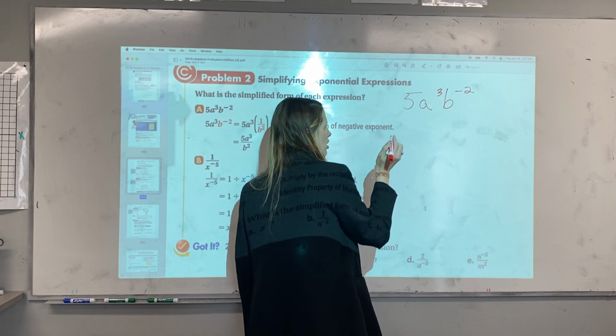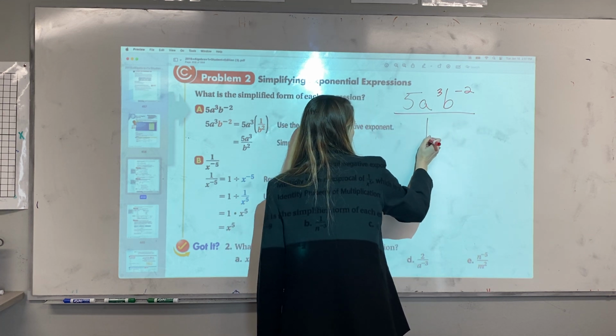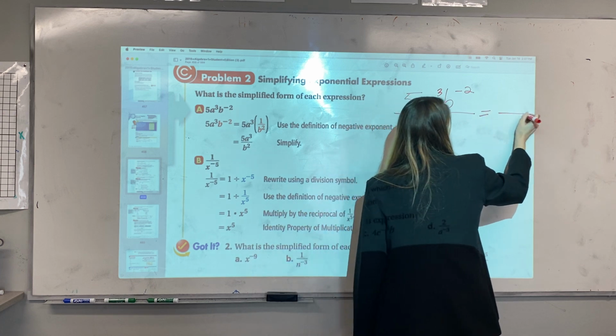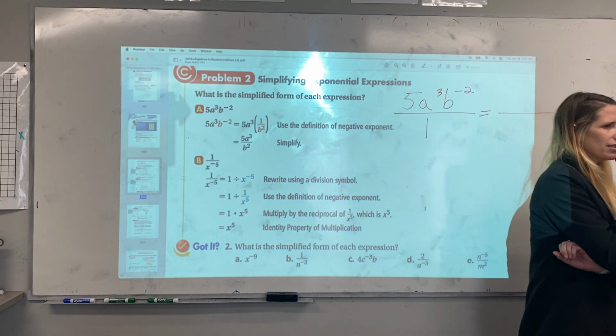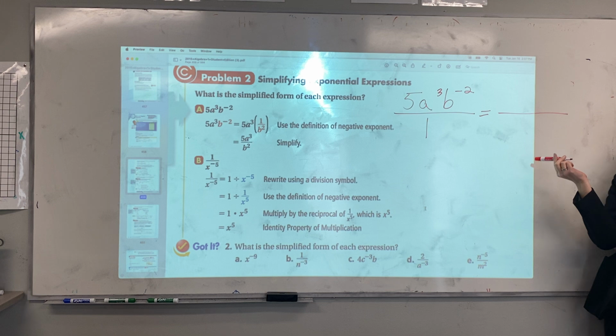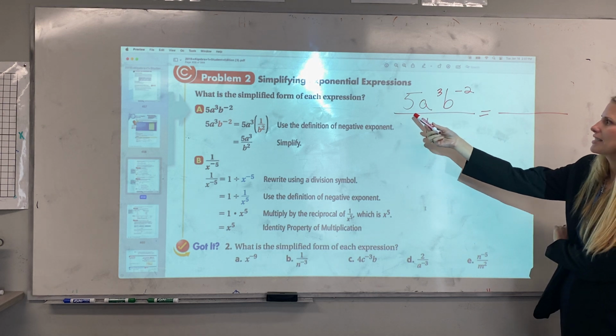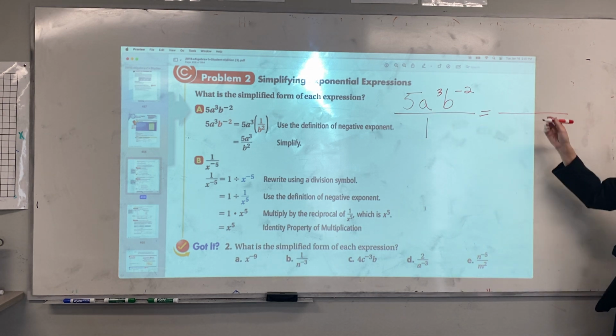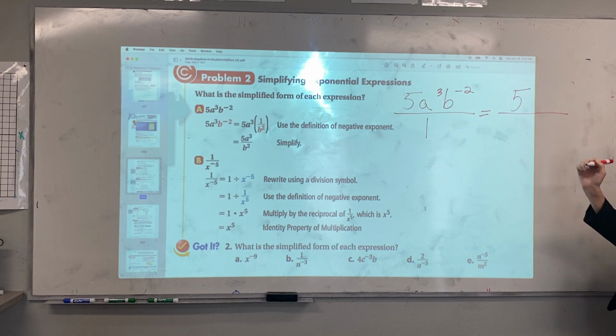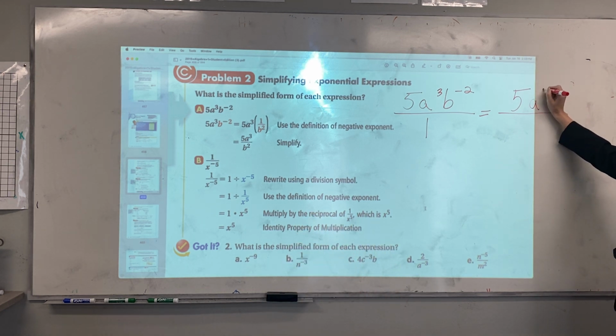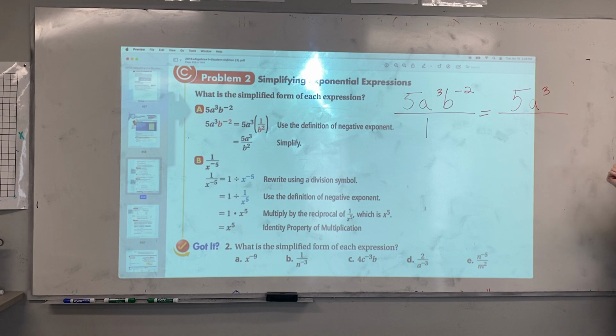Before I change anything, technically that's in the numerator, right? And that will help me organize what's going to stay in the numerator and what's going to have to move to the denominator. Tell me what can stay in the numerator. Okay, 5, good. Anything else that can stay? Yeah, the a cubed. What's got to go?